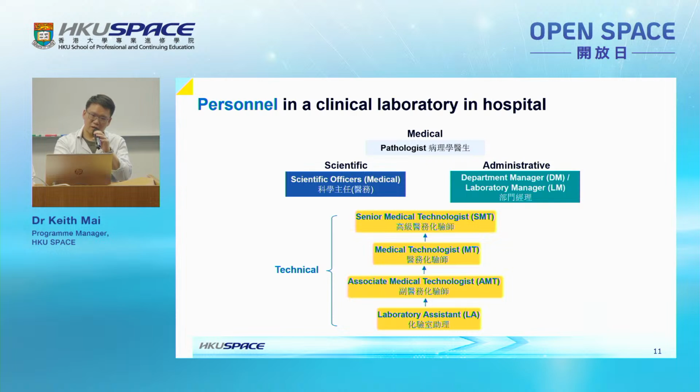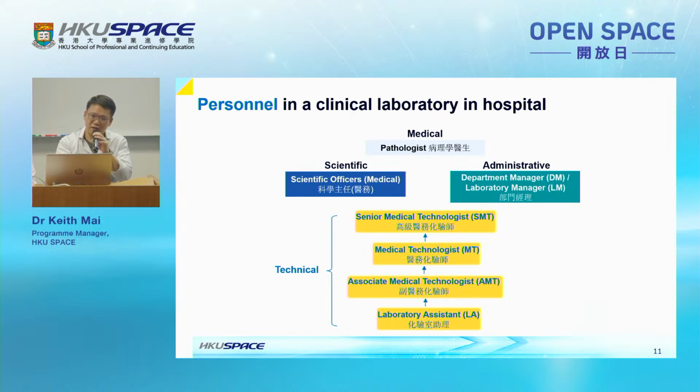Now, in a clinical laboratory in a hospital setting, we usually see this type of breakdown in terms of the staff. An entry-level role would start off here as a laboratory assistant. These laboratory assistants usually help prepare the reagents or prepare the work environment for the medical laboratory technologists.